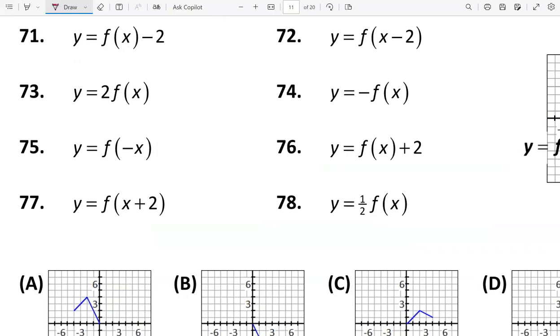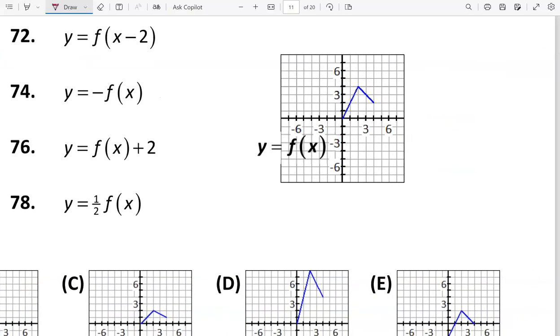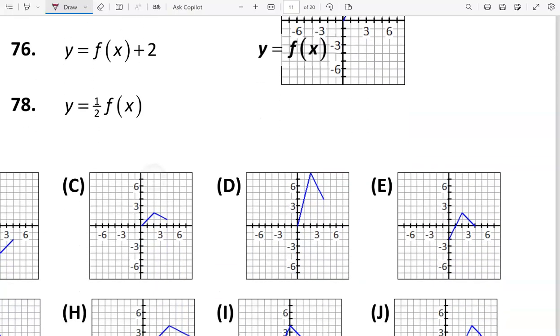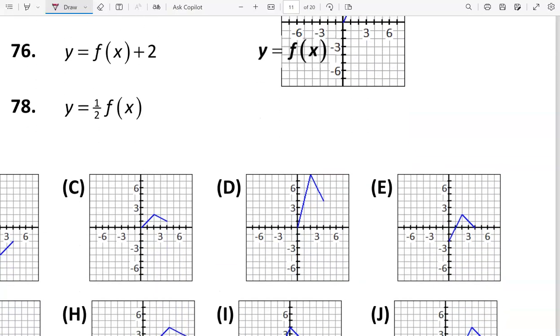Since it's happening to the outside of f of x, that means it's going to be a vertical transformation, and subtracting 2 moves the graph down by 2. So let's take a look at our original graph, and then let's translate that down 2, and we will get choice E.